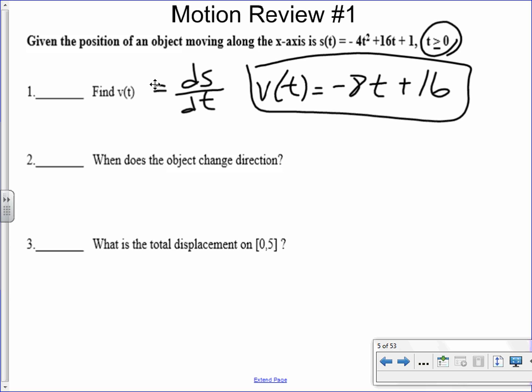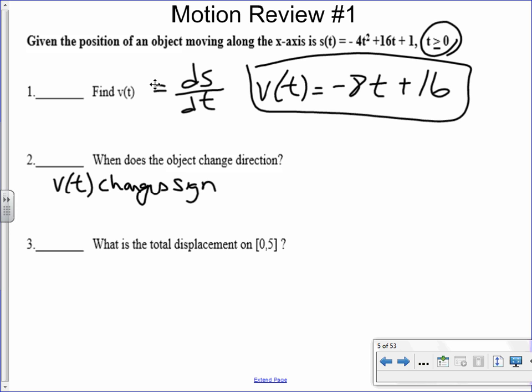When does the object change direction? You have to know an object changes direction when velocity changes sign. So the only way you're going to find out when v of t changes sign is to make a sign chart for velocity. And to make a sign chart, you have to find out first when the velocity is 0.